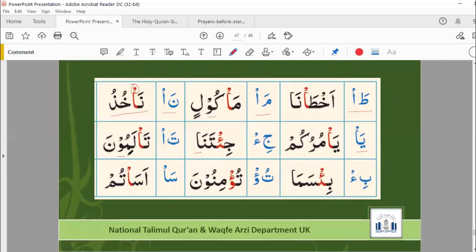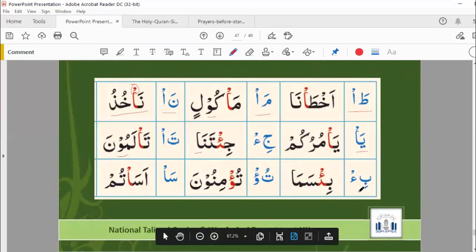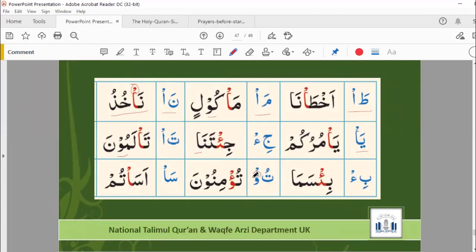Lamuna. A little bit longer. Lamuna. Bit sama. Tu. Just hold on. If I take away this hamza from here, just imagine hamza is not there.